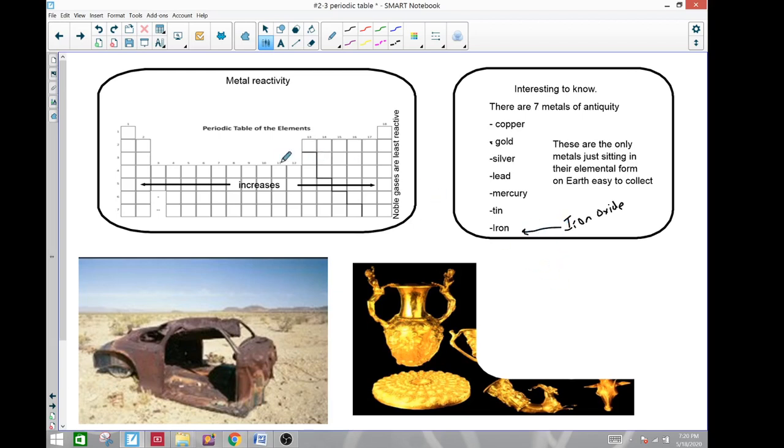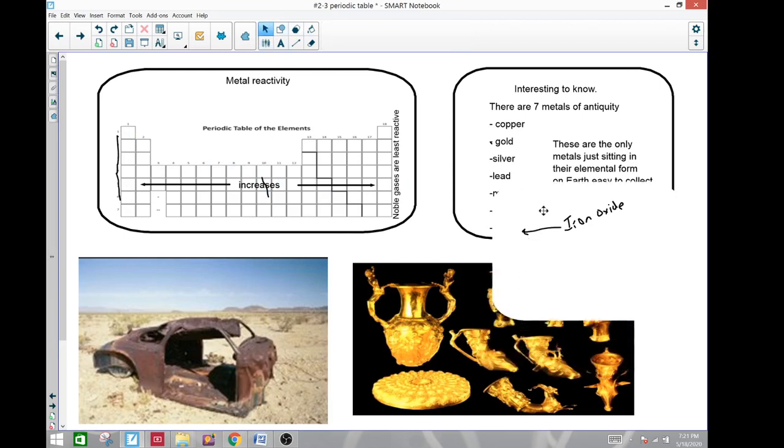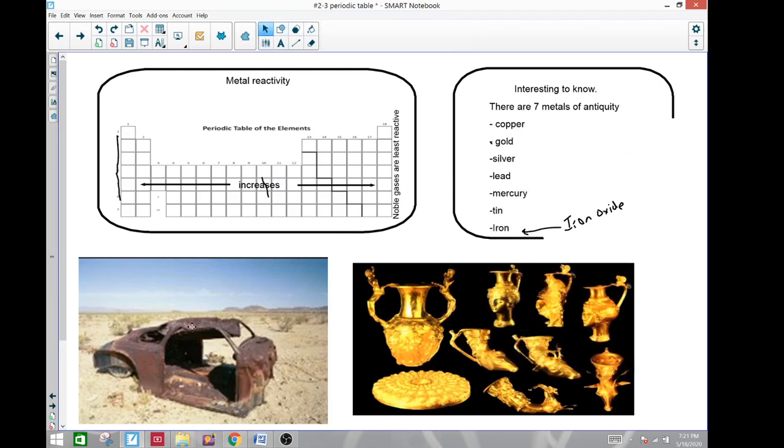Anyways, metals tend to get more reactive as you go to the outside edges of the periodic table. So these metals are extremely reactive, not so much in the middle. General trend. But again, you'll find metals that are normally on Earth in the rusted, oxidized form. So humans take their iron oxide, say it looks like this, FeO, and we take out the oxygen and make it into metal.